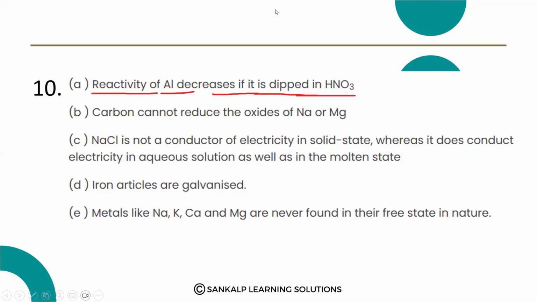Okay, these are the give reason questions. Just note down all these questions. After that, we will solve and see the reasons for these questions.